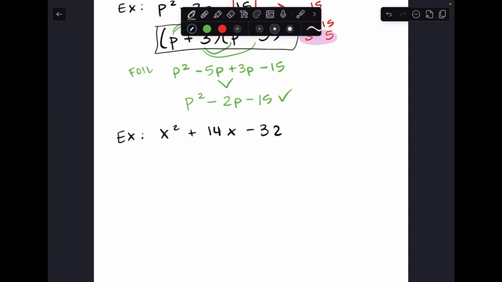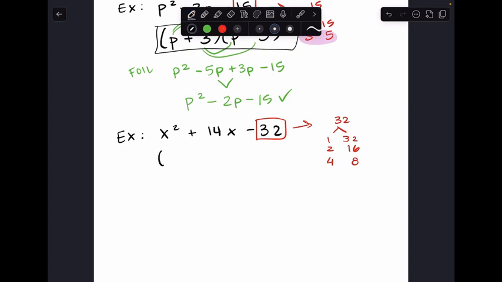All right, so still utilizing this, we're going to find factors of 32. 1 and 32, 2 and 16. 32 does not divide into 3. 32 divided by 4, we got 4 and 8. Does 32 divide into 6? No. All right, I think those are the only combinations.